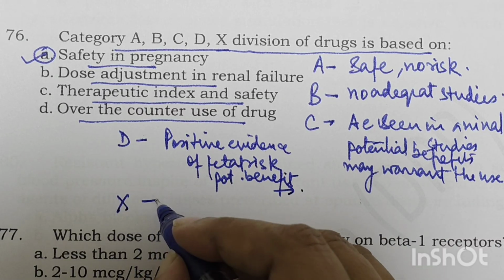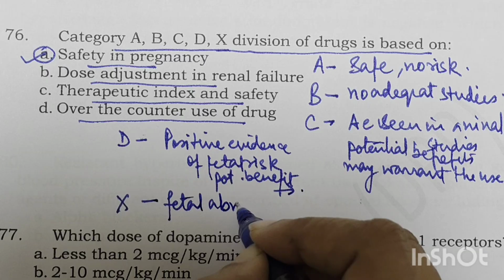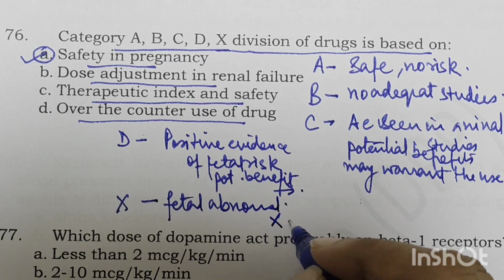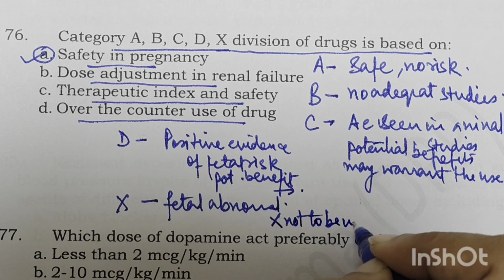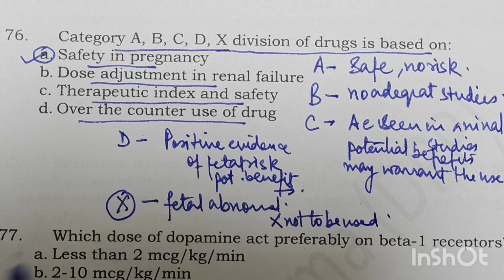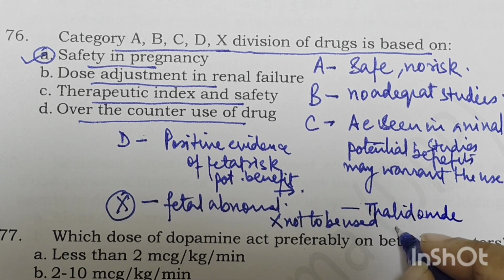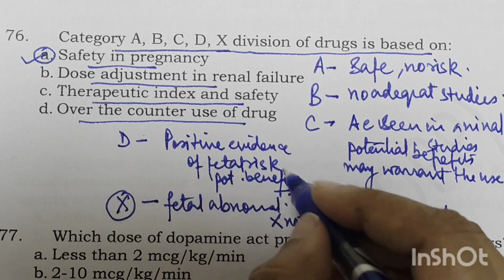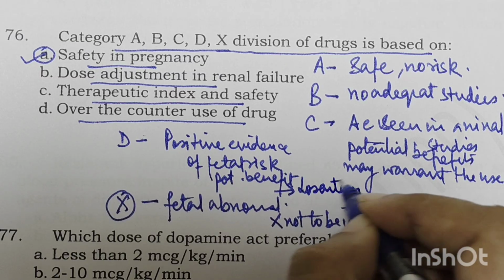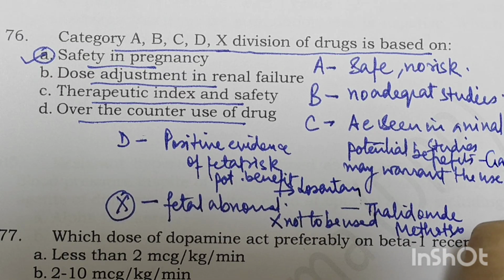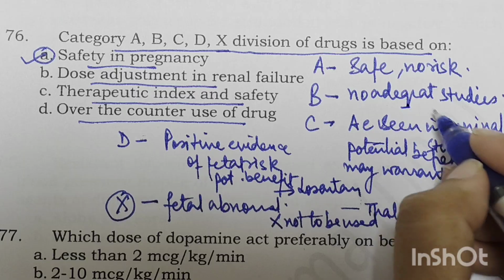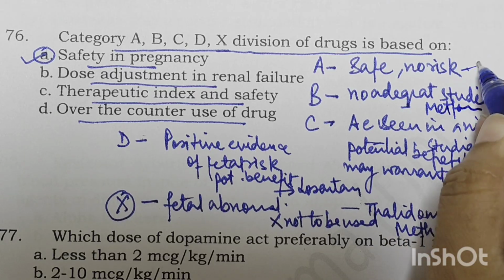Category X, they have shown fetal abnormalities and so not to be used even if there is potential benefit. So category X drugs are not to be used. These are drugs like thalidomide, methotrexate, right? In this we have drugs like losartan. In this we have drugs like gabapentin. Moderately we have metformin, and here we have all the safe drugs.